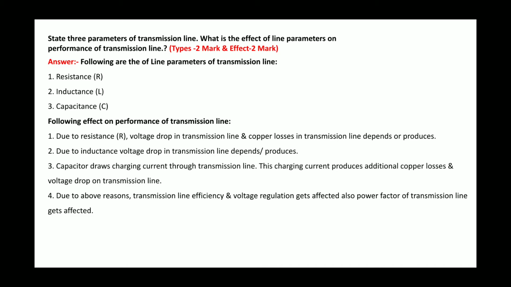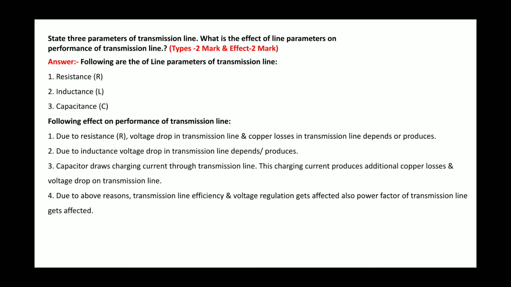And the next is the capacitor, which draws charging current through the transmission line. This charging current produces additional copper losses and voltage drop on the transmission line. Fourth, due to the above reasons, the transmission line efficiency and the voltage regulation get affected. Also, the power factor of the transmission line gets affected. These are the parameters of the transmission line and the effect on performance of the transmission line due to these parameters.